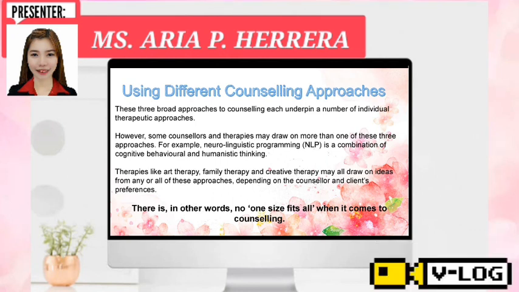Therapies like art therapy, family therapy, and creative therapy may all draw on ideas from any or all of these approaches, depending on the counselor and client's preference. This is, in other words, no one size fits all when it comes to counseling.